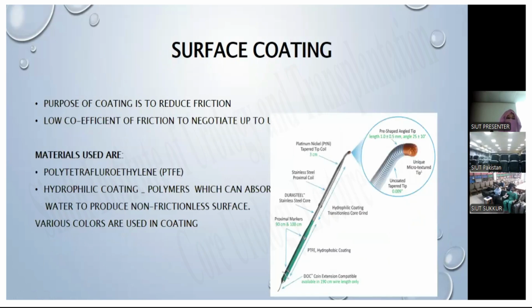Surface coating: the purpose of surface coating is to reduce friction, with a low coefficient of friction to negotiate up the ureter. The material mostly used is polytetrafluoroethylene, which is Teflon, or it could be a hydrophilic coating like polymers, which can absorb water to produce a nearly frictionless surface. Various colors are also used in coating. Like you can see in this, the end is color coded.